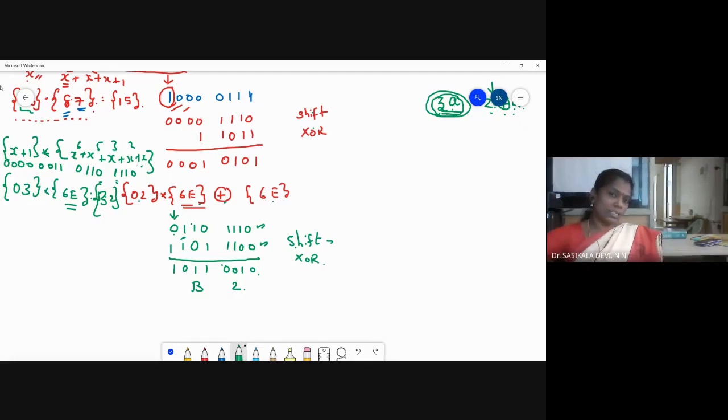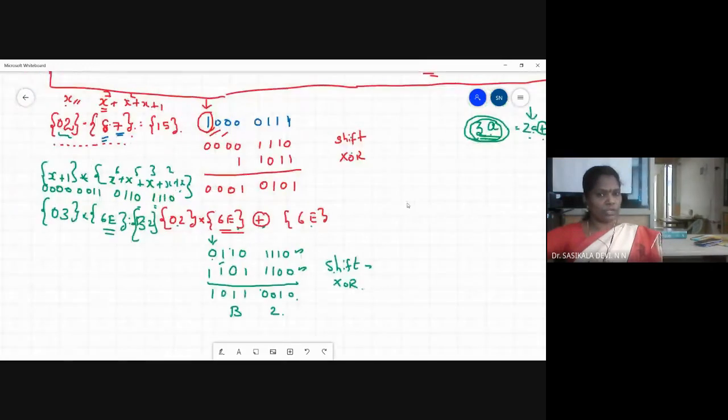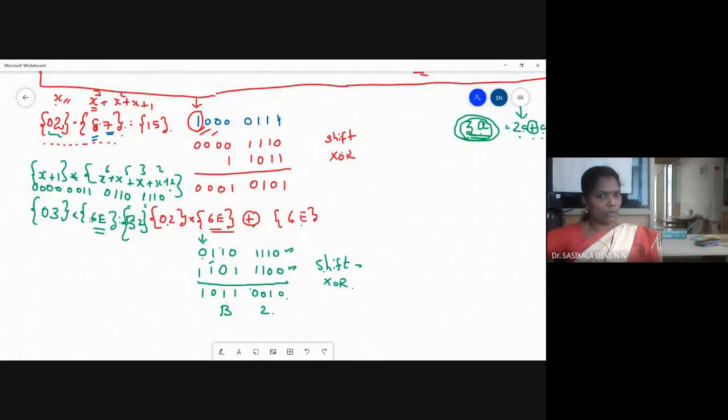So can you understand the multiplication by 2 and multiplication by 3, students? Multiplication of the GF(2^8) polynomial with 2, and multiplication of the GF(2^8) polynomial with 3, that is, multiplication by x and multiplication by x plus 1.